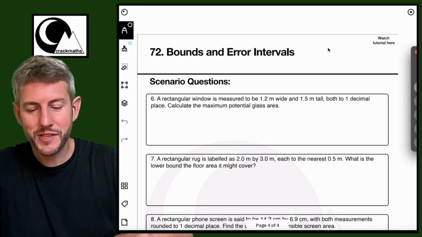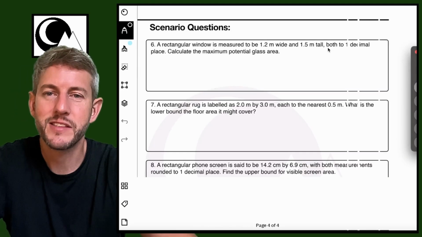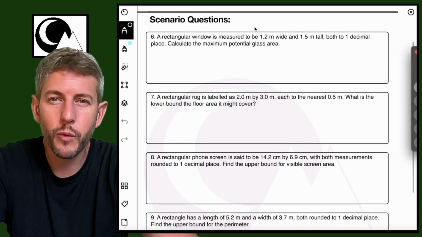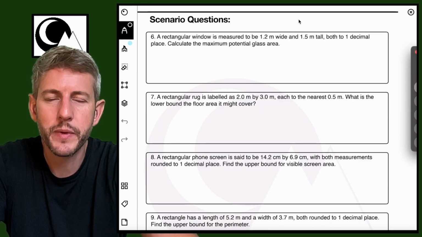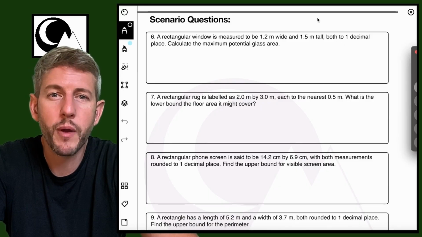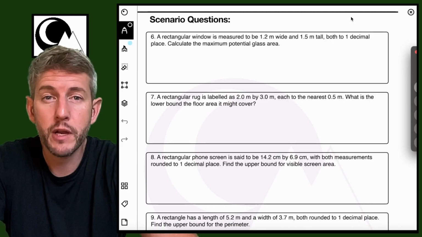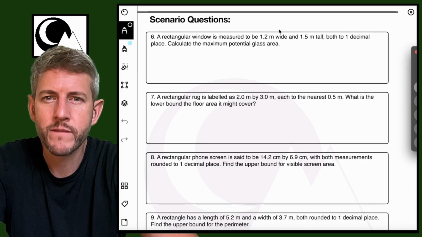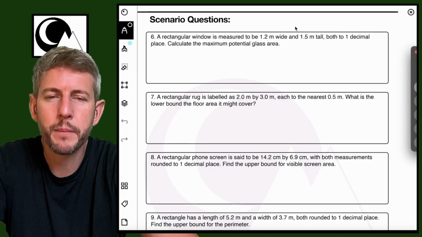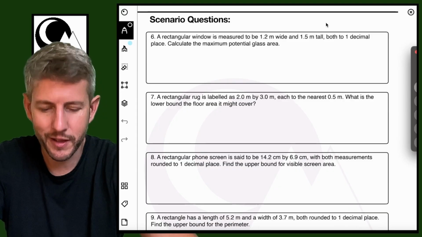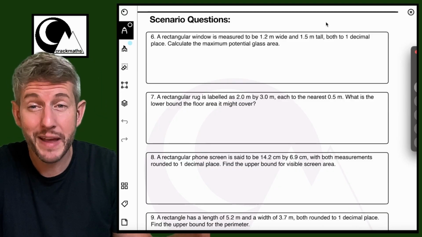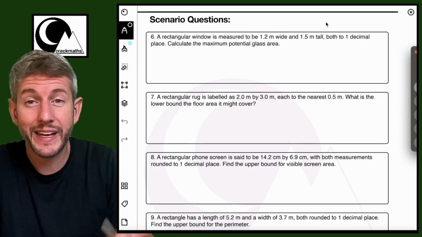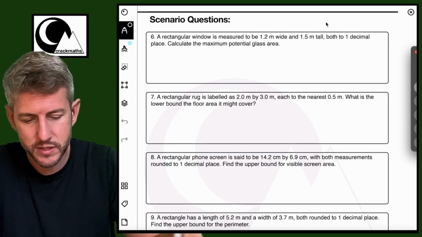Right, last 5 questions in the scenario one. Let's see how all this goes. So we've got question 6. A rectangular window is measured to be 1.2 meters wide by 1.5 meters tall, both to 1 decimal place. Calculate the maximum potential glass area. Okay, so maximum potential glass area is going to be the maximum area of the rectangle, so we need the upper bound for both of these measurements.